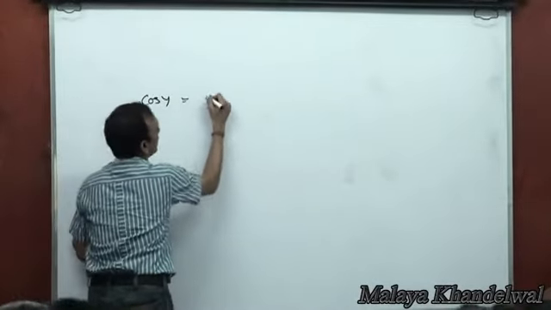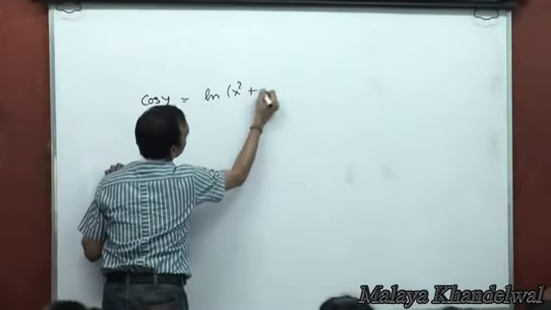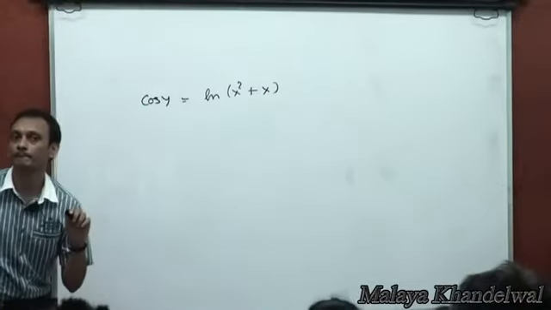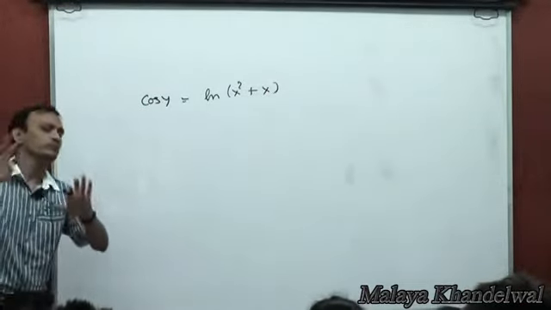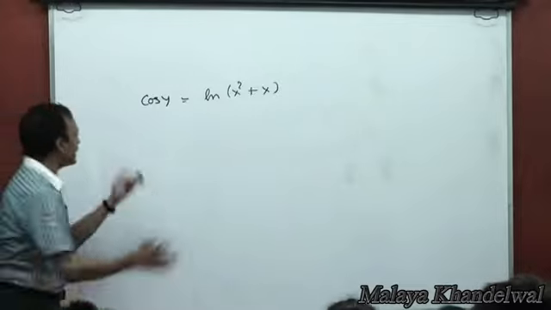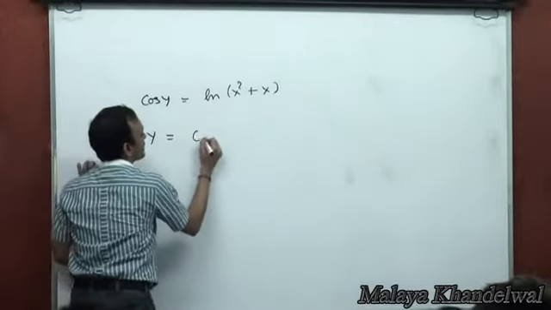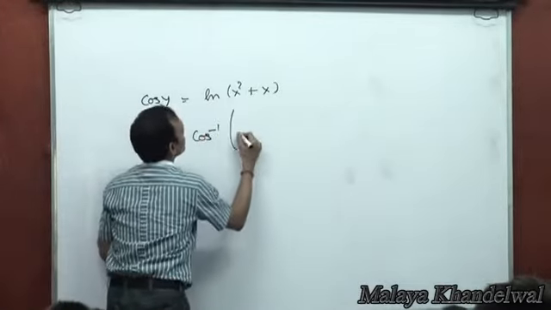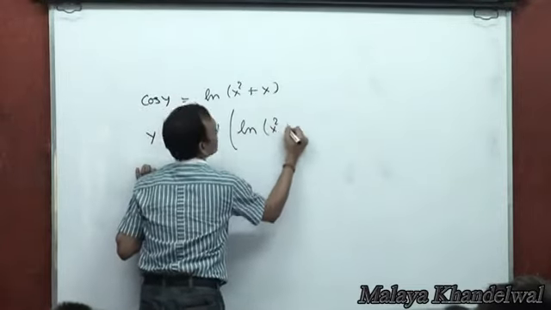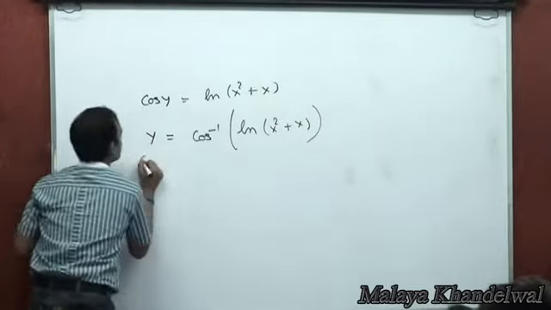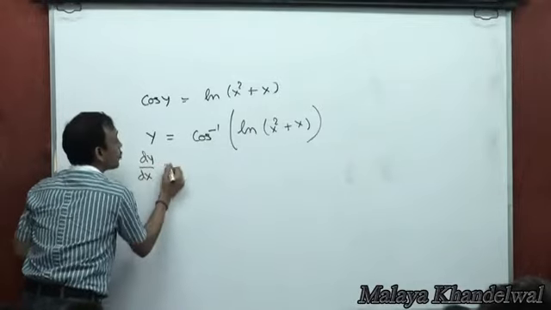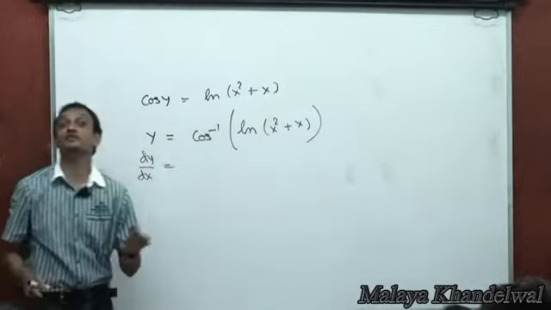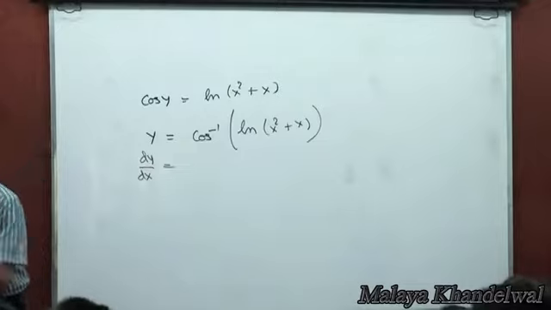Y is equal to cos inverse ln of x squared plus x. Now dy dx. Go from outside to inside. Cos inverse would give me minus 1 by root 1 minus square of that.